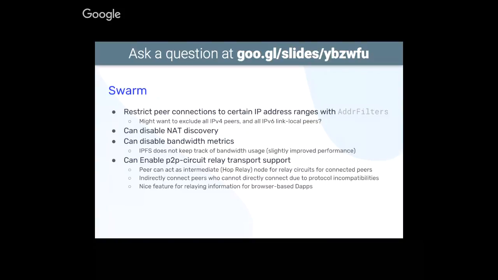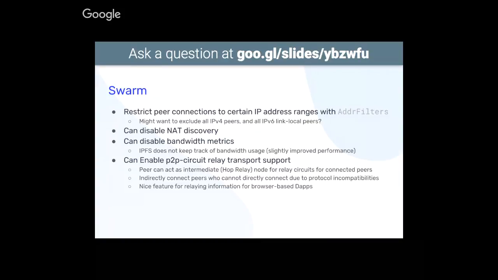What these are is, if you turn on relay hop, your node essentially acts as an intermediate, or hop relay, as it's sometimes called, peer in relay circuits for connected peers. So circuit relaying provides peers with the ability to indirectly connect with other peers who can't directly connect to each other, either because of NAT issues or because of protocol incompatibilities.